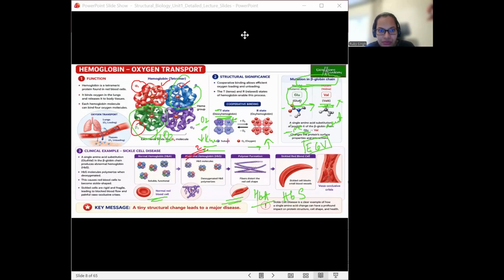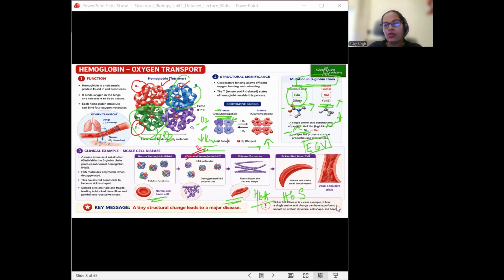So now we understood how the sickle cell RBC is formed. If you compare, the structure is there, the mutation happened, it affected the polypeptide surface, the polymerization and subunit formation.